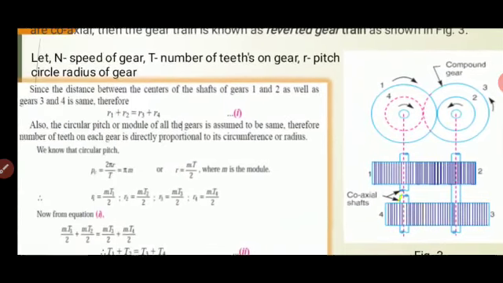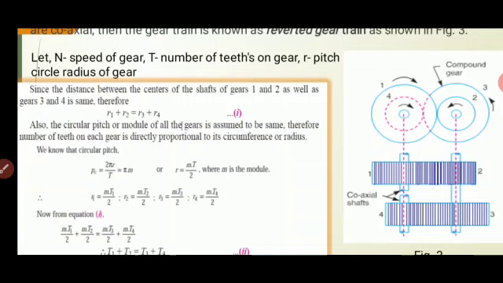So let us analyze this. Is it clear from the figure that gear 1 is mounted on a particular shaft, and gear 1 is meshing with gear 2. Gear 2 and 3 are mounted on the same shaft, so both have the same speed, and that shaft is the common shaft.